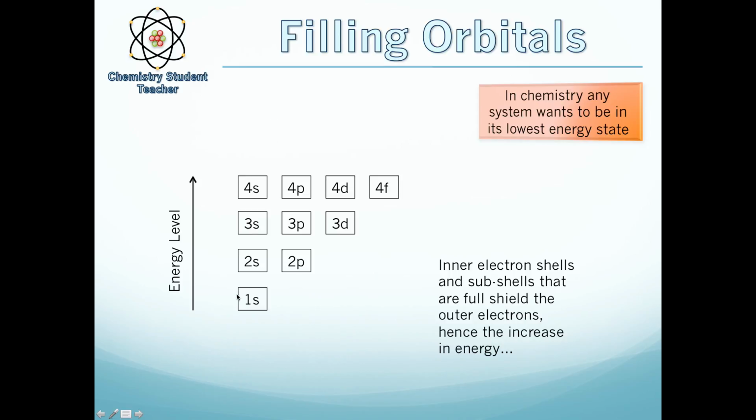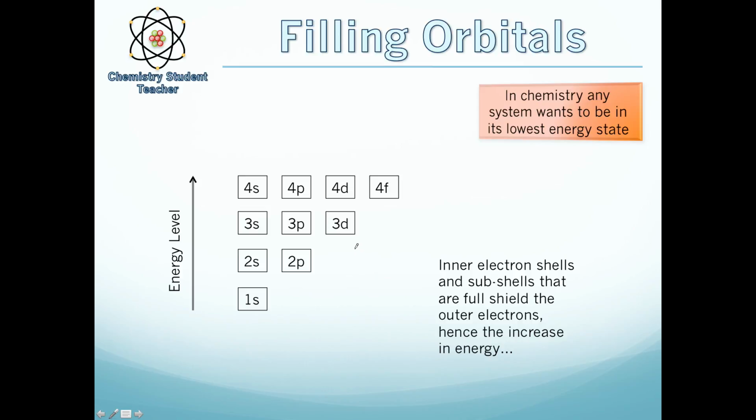When we look at the numbers 1, 2, 3, 4 and so on, number 1 means it's closest, number 2 means it's the next shell out, number 3 is the next shell after that, and so on, meaning shell number 1, or n equals 1, is the lowest energy one of the numbers. So that means we would fill shell 1 before shell 2 and so on.